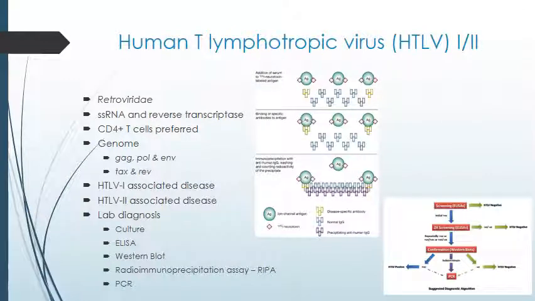HTLV-1 and 2, human T lymphotropic virus. These are retroviridae, single-stranded RNA viruses that do contain a reverse transcriptase. And they also target, much like HIV, its famous cousin, the CD4 positive T cells. It can infect other ones, but it does prefer CD4 positive cells.